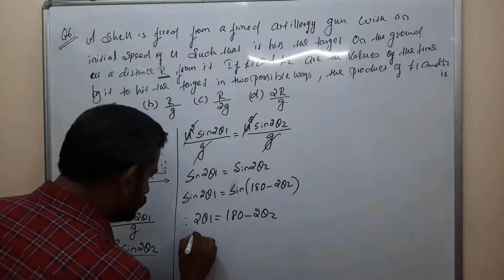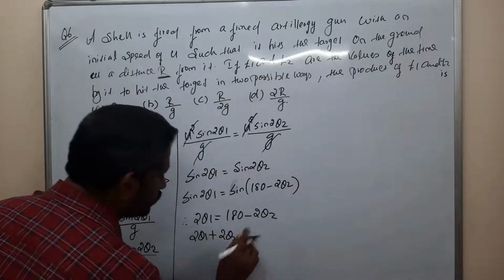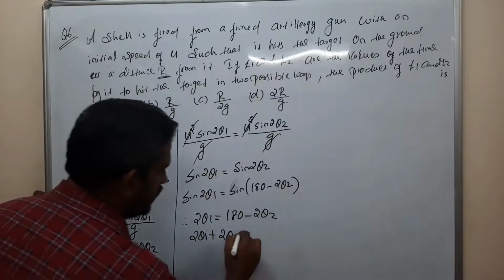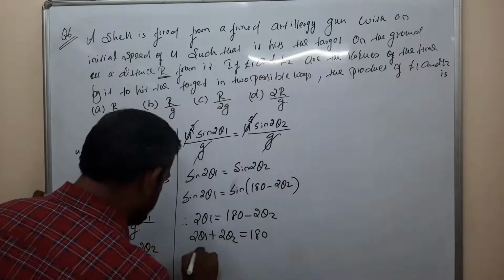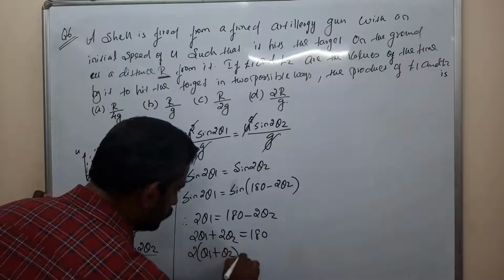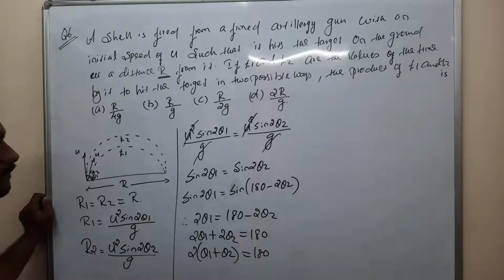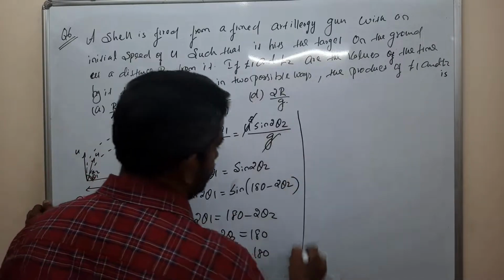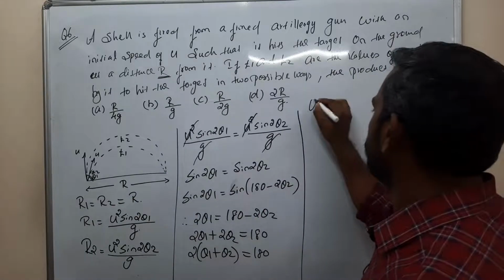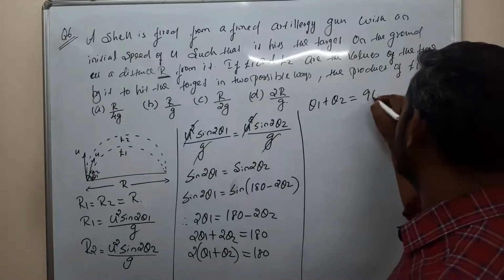So bringing minus 2 theta 2 to this side, 2 theta 1 plus 2 theta 2 is equal to 180 degree. So take 2 commonly outside, theta 1 plus theta 2 is equal to 90 degree.